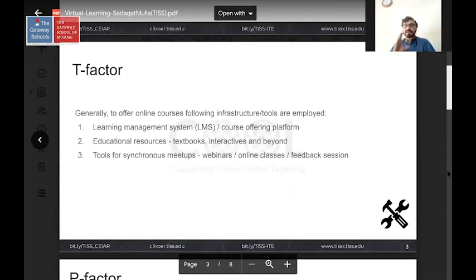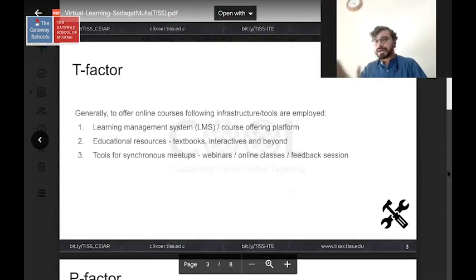Okay, so in the T factor, as we heard, Harmik also said, Mario also was saying, it's about technology. For online learning, for virtual learning, there is essentially a need for having infrastructure.